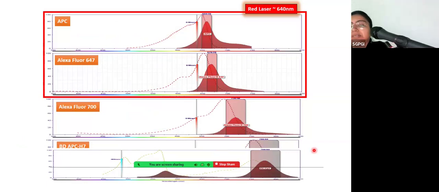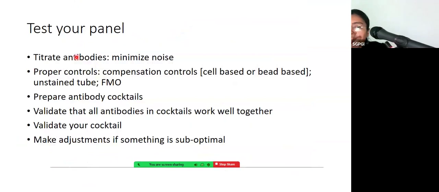Same thing for APC and Alexa Fluor 647. You can choose either of them, but not both in an experiment. The same thing is true for BV421 and V450, so these two dyes you cannot combine in an experiment. So this is a basic, simple thing.